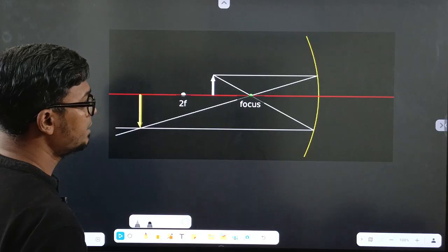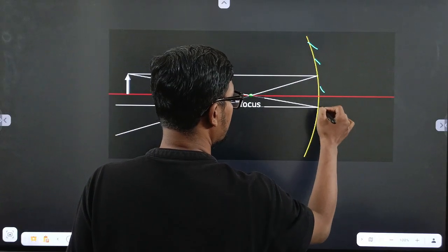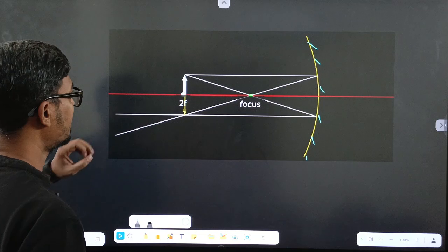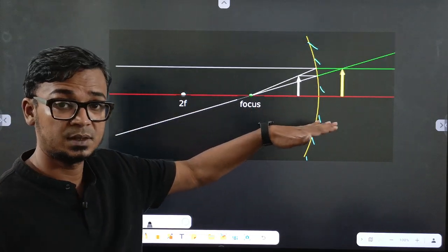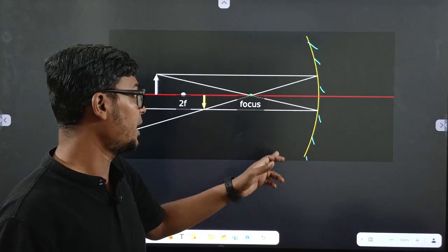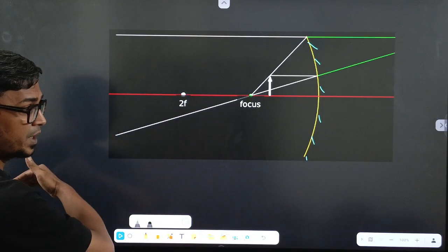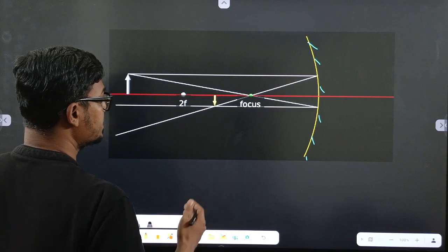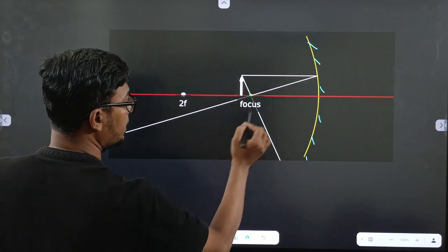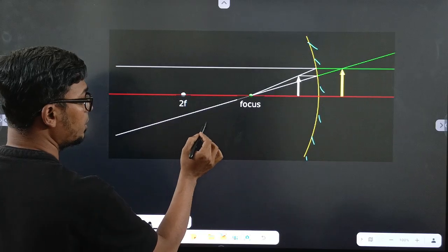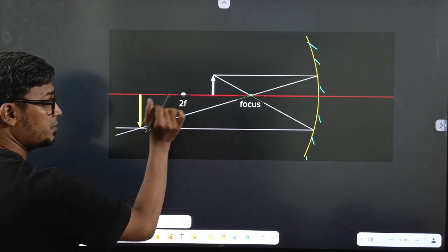Here we can see this is a concave mirror, and the object is moving towards the mirror and the image is moving backward behind the mirror. Let's see, this object is moving towards the mirror, and the yellow line is representing the image of this object.